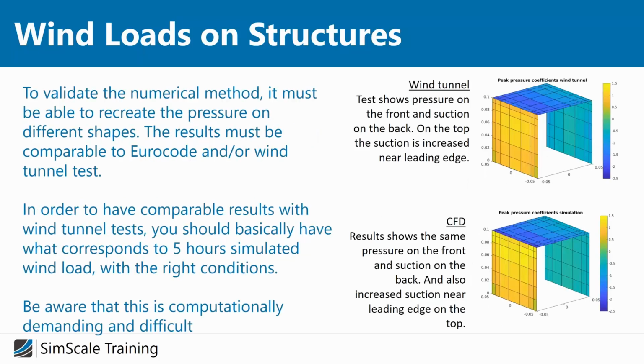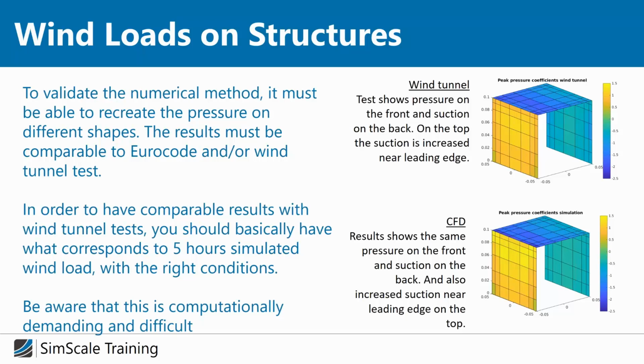If you want to do wind load from CFD, you need to do it on the same level as professional wind tunnels, and that means that you need to make the same data as the wind tunnel does, and that is 5 hours of simulated time.